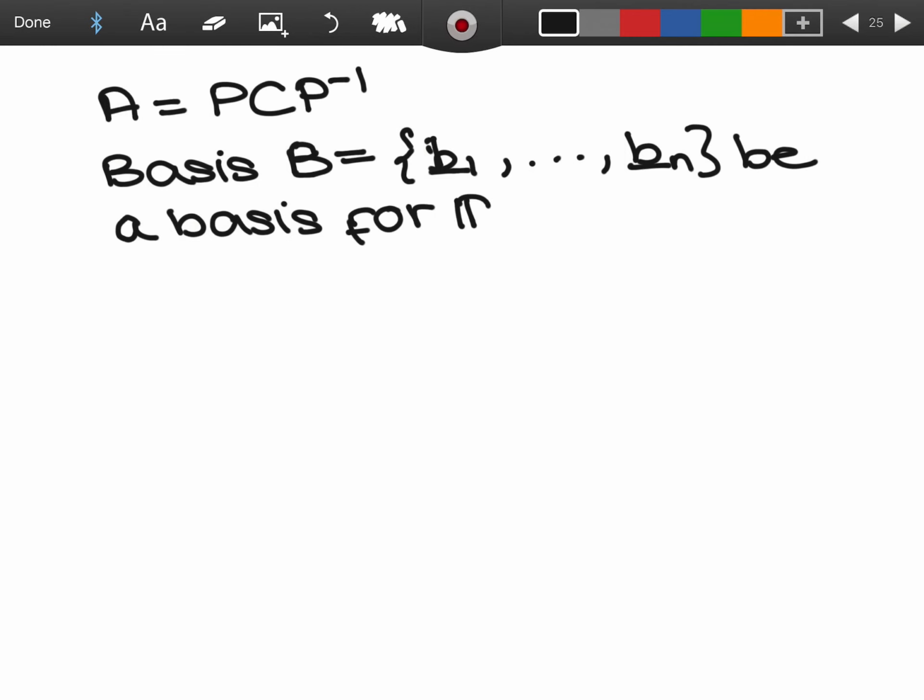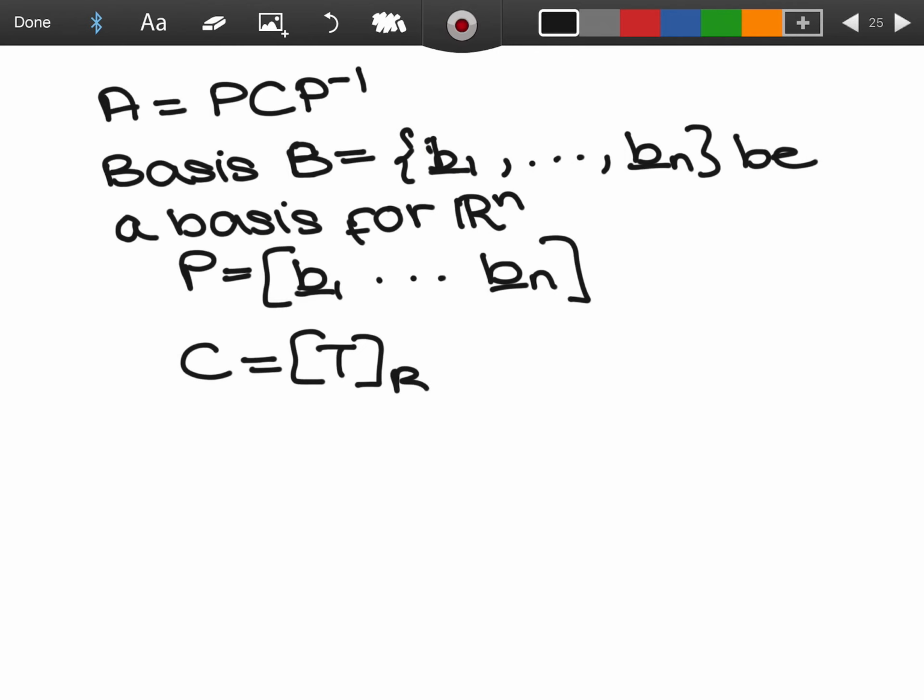Now, it can be any basis whatsoever, however you decide to find that basis, as long as it's n linearly independent vectors that span the whole space, you're good to go. And you're going to make P equal to the matrix that is made up with those basis vectors as columns. Then the matrix C that is similar to A becomes your B matrix for T by that same proof as before, but you are just using a random basis for Rn in this case.